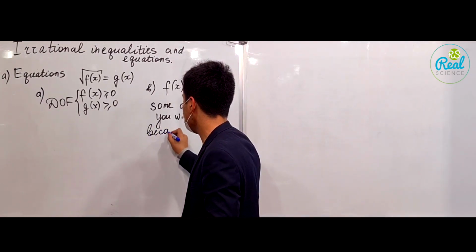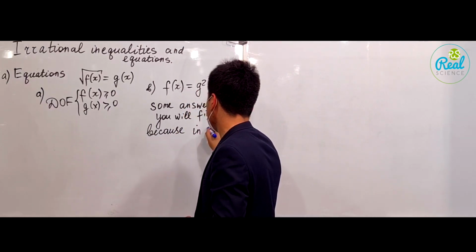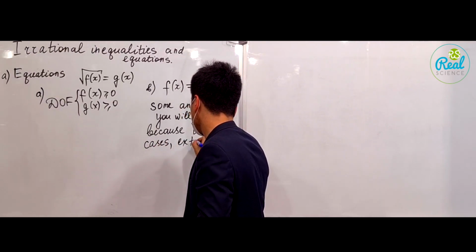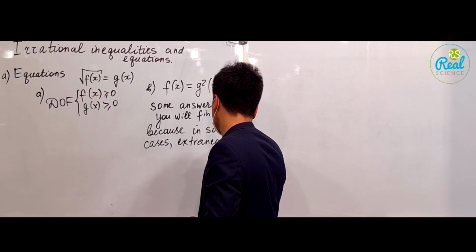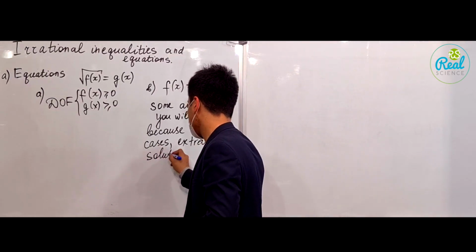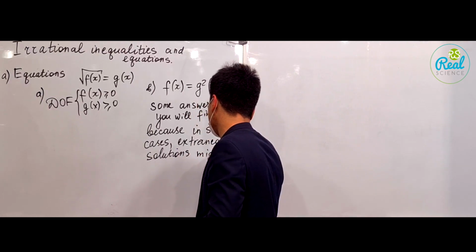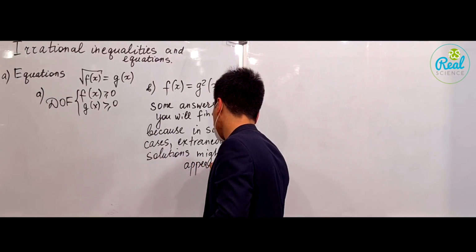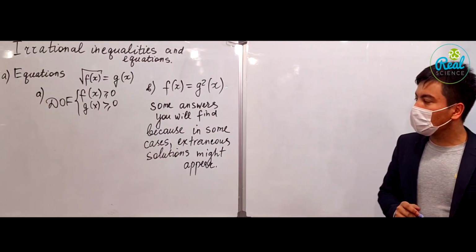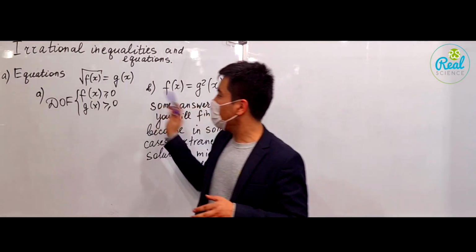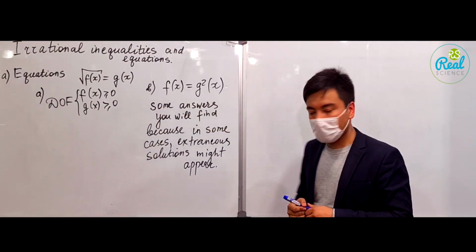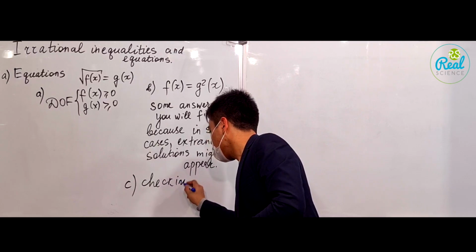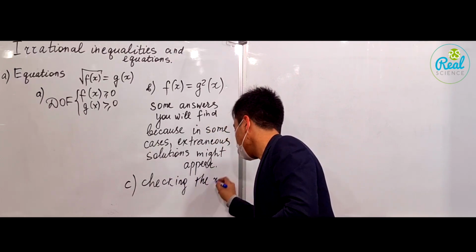Because in some cases, extraneous solutions might appear. So, that's why, students, after having solved A and B, you must check. It means the C part is checking the roots of the equation.